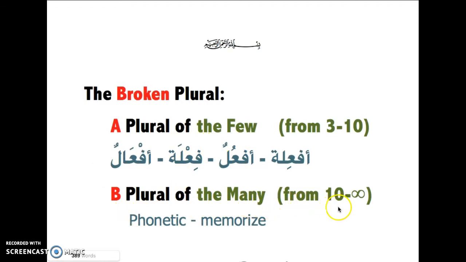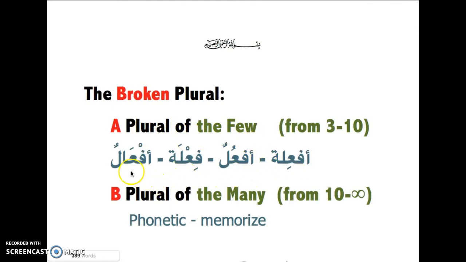Plural of the many is when it's 10 or above, 10 or greater. So if the number is 10 or greater, then it falls here. And if it's between 3 and 10, and notice we didn't include 2, which we'll get to in the next lesson, lesson 15. Anyhow, the trick with this one is there's 4 forms for the plural of the few.